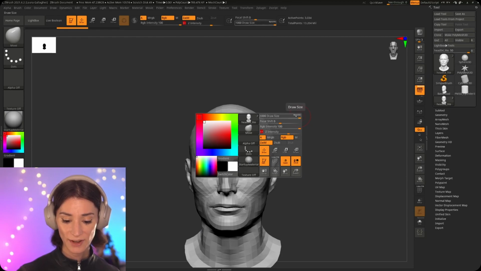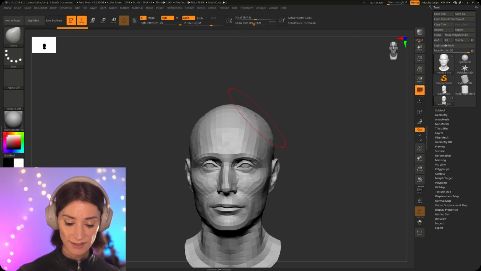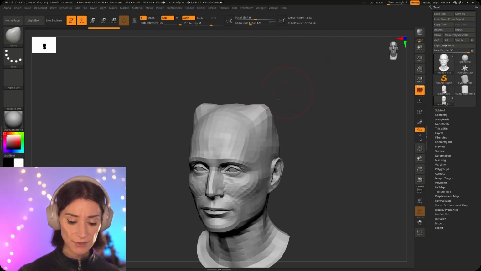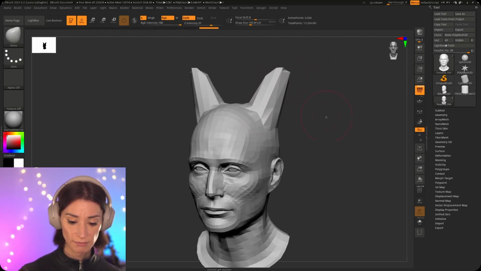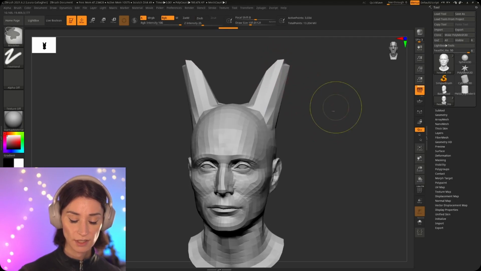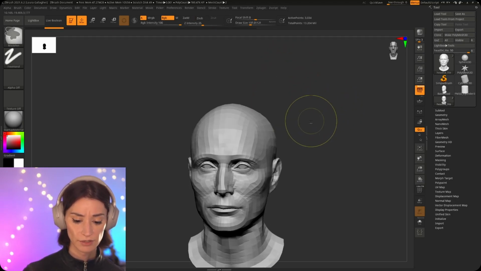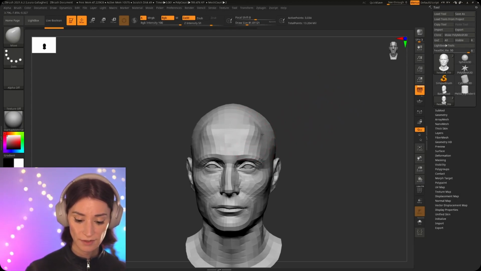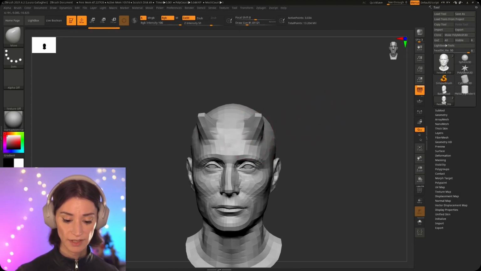I have my draw size of like 1,000 already because scale of this scene is kind of screwed up because when I created this head, I didn't know any better. Actually, no. Actually, since we're there, right? Since he plays Hannibal, let's add some nice little, yeah.